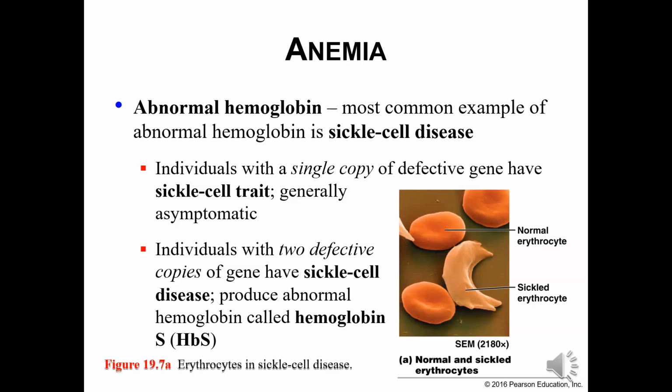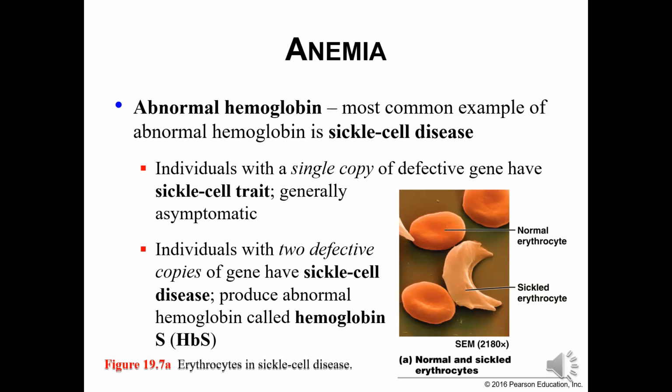Another type of anemia is where the anemia is a result of an abnormal hemoglobin molecule. The most common example of this abnormal hemoglobin is sickle cell disease. Individuals with, let's say, a single copy of a defective gene have what we refer to as sickle cell trait.